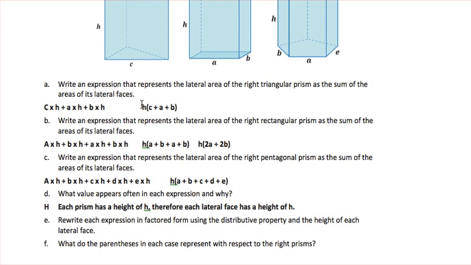If you look at our triangular prism, you'll notice that C plus A plus B is the perimeter of that base. The rectangular prism, 2A plus 2B, is the perimeter of the rectangular base. And the pentagonal prism, A plus B plus C plus D plus E, is the perimeter of the base. So the parentheses represent the perimeter of the base.